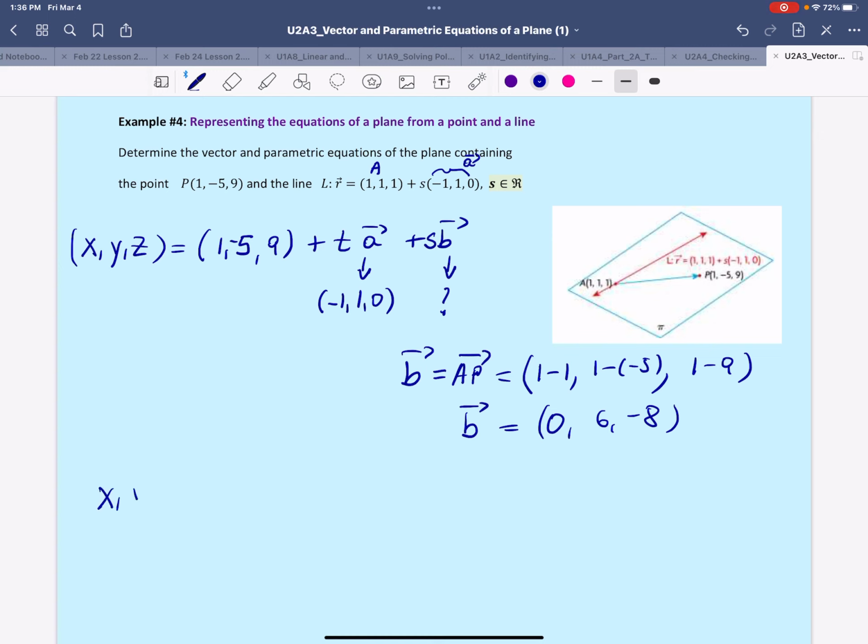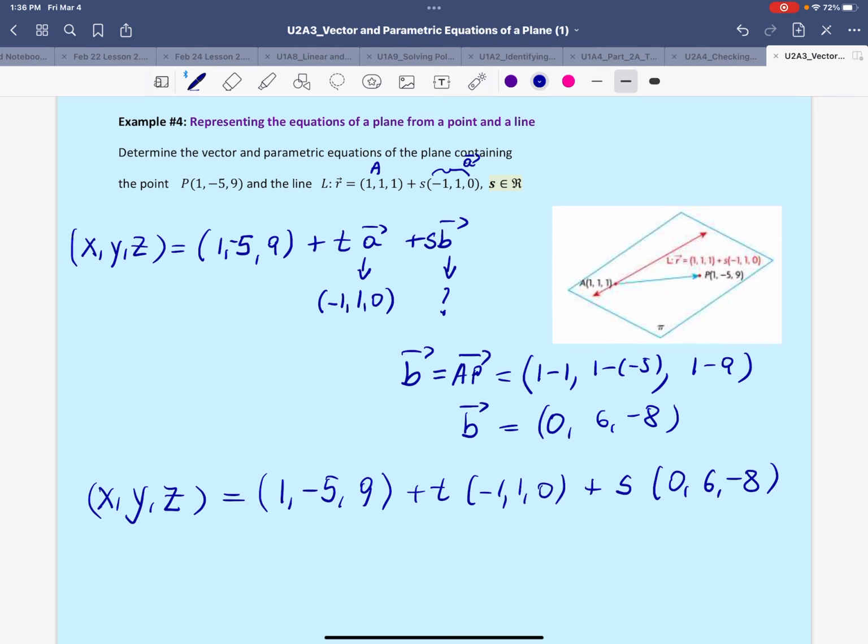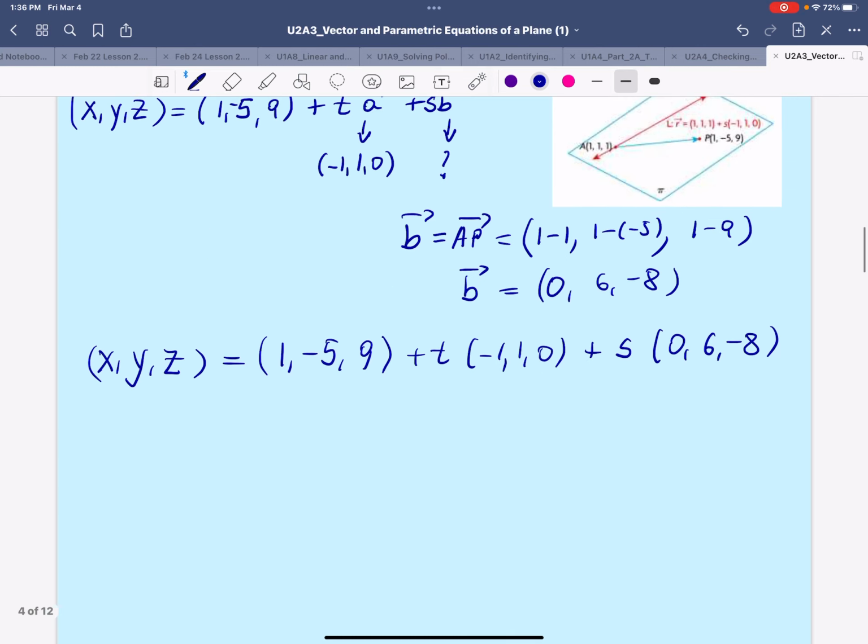But here we go. We have (x, y, z) equals (1, -5, 9) plus t(-1, 1, 0) plus s(0, 6, -8). Now the parametric equations, again, we know that we are connecting the similar coordinates together. So x equals 1 minus t plus 0s, so that's a 0.